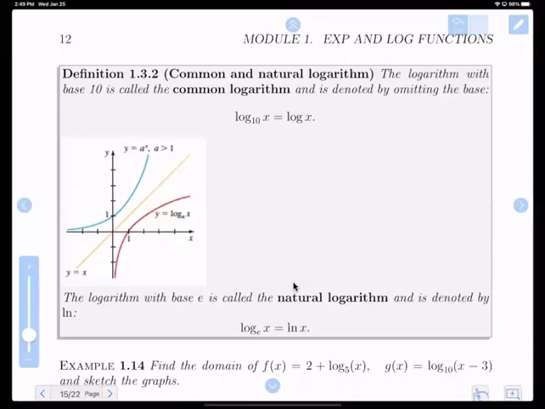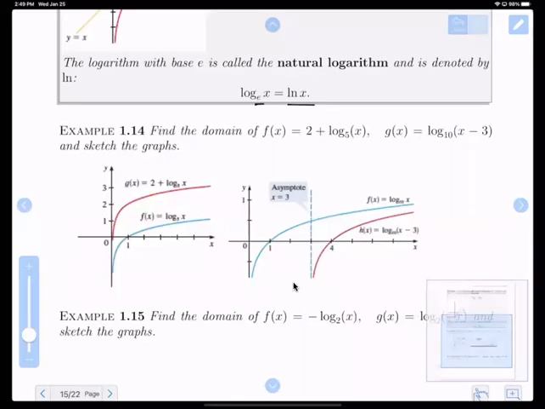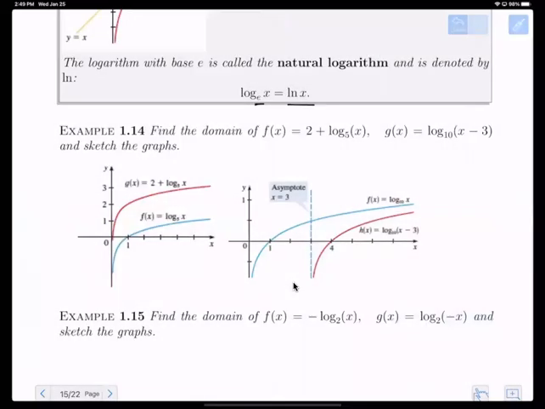We have discussed common notation. There is a 10, and 10 is skipped. There's an e, and we rewrite it as ln of x. We have seen this before, so make sure you get that. Now find the domain of 2 plus log base 5 of x minus 3. Log base 5 of x has a magic number 1.